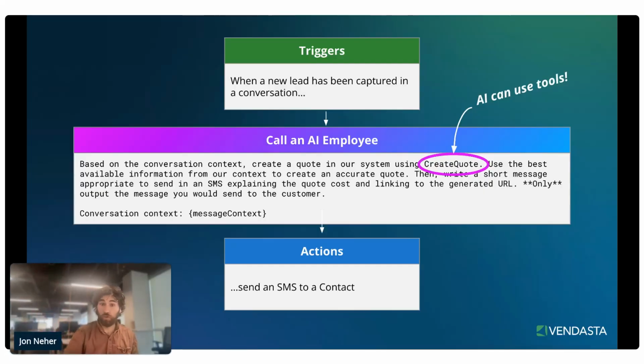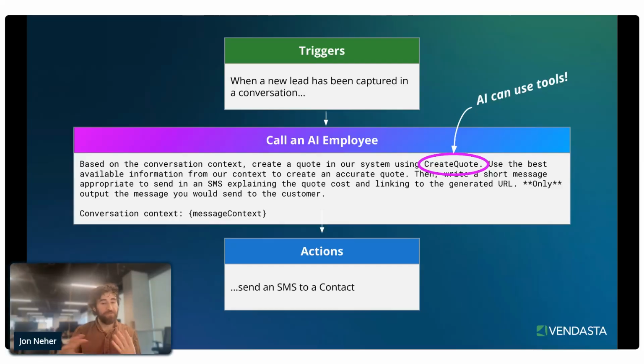Well, in your automation workflow, hey, when a new lead has been captured in a conversation, based on the conversation context, create a quote in our system using this tool. Use the best information available, then write a short message appropriate to send in an SMS explaining the quote cost and linking to the URL. And then you'll use that information to send an SMS to a contact.